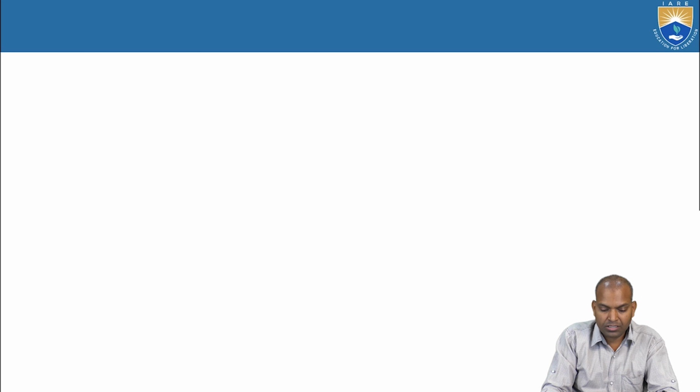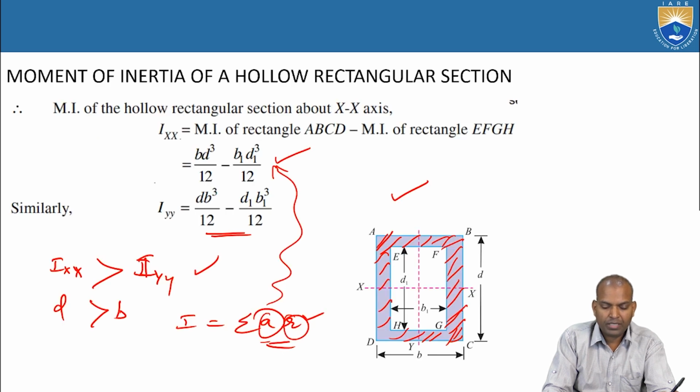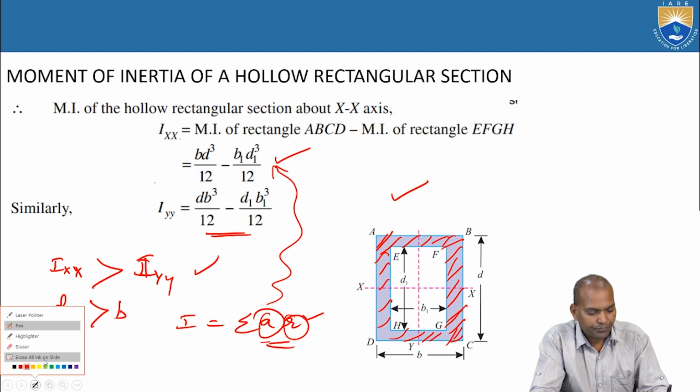Suppose how to solve a hollow rectangular section? How to find out the moment of inertia of the hollow rectangular section, provided you know the depth and breadth values?